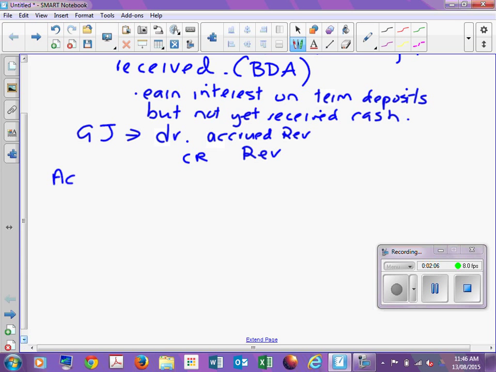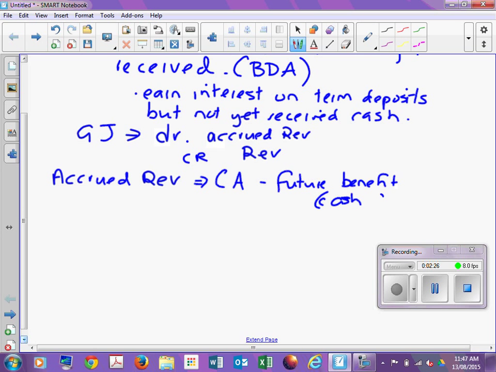So accrued revenue is what account classification? It's a current asset because usually that benefit will come within 12 months. There's future economic benefit, and as you just told me, it's going to be cash in the future. What's the second part of the definition?